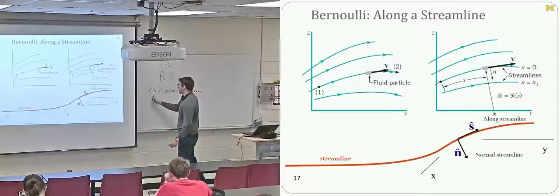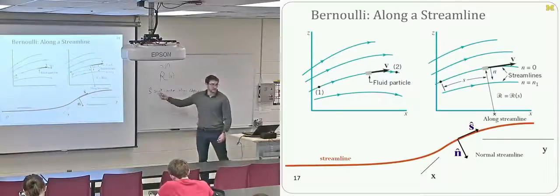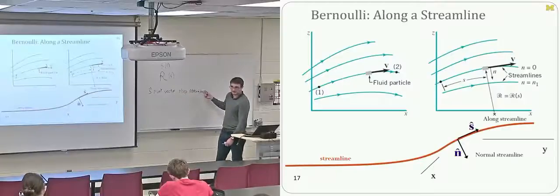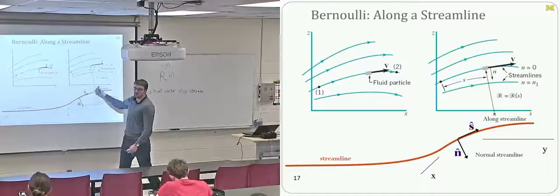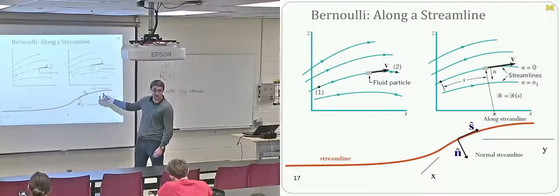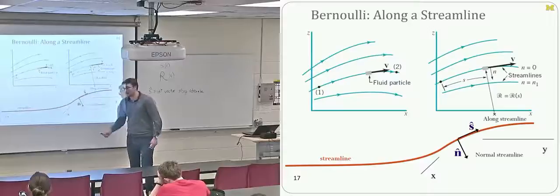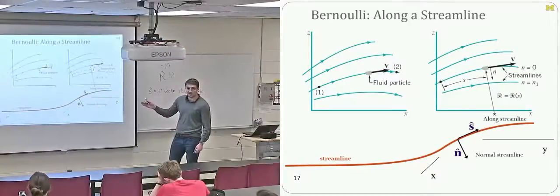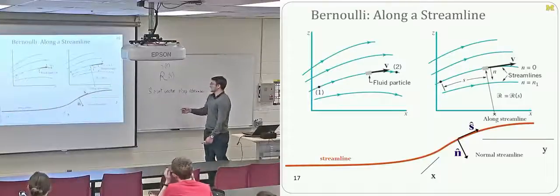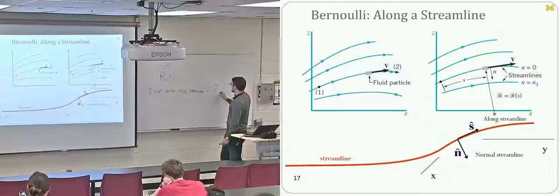Anybody see a way that we can actually represent s hat as a function of the velocity? If the velocity on a streamline is by definition tangent to the streamline there, that's what makes it a streamline, then s itself has to also be concurrent with the direction of the velocity, right? And since it's a unit vector, we can define s as the velocity at a point divided by its own magnitude.